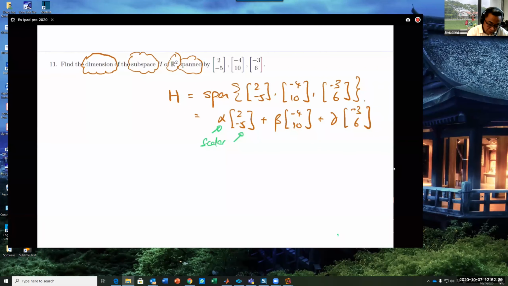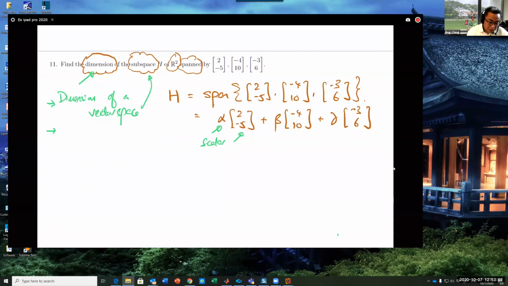Now, then he says let's find the dimension. So what is a dimension? The dimension is the word used with a vector space. So it's not dimension of something, but dimension of a vector space. And then, of course, a subspace is also a vector space. So he's not doing anything wrong here.